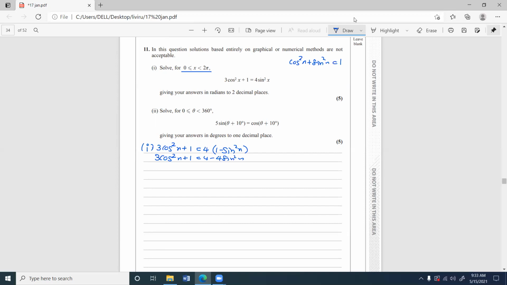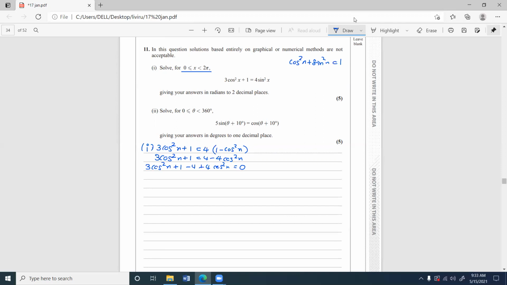If you bring all the terms to one side, 3 cos squared x plus 1 minus 4 plus 4 cos squared x equals 0.